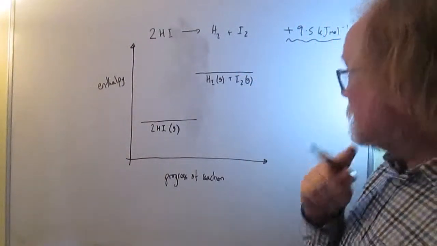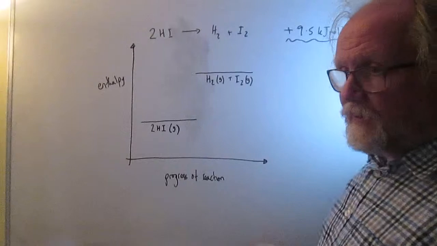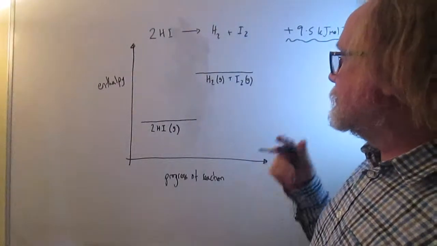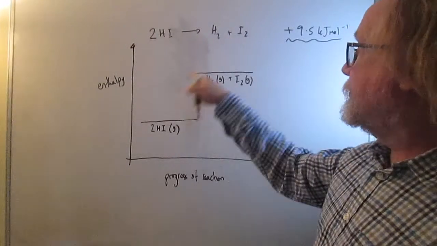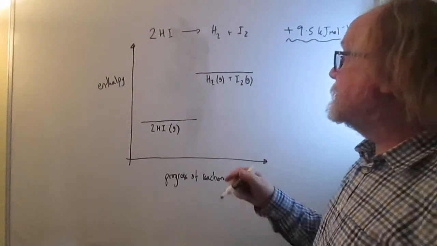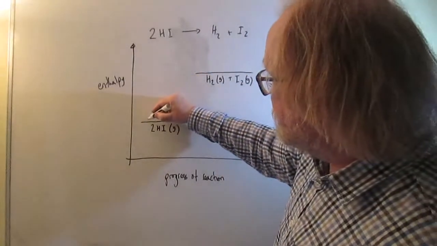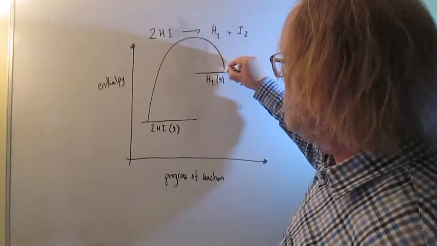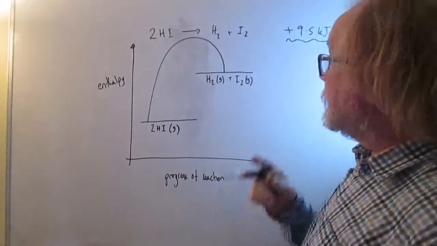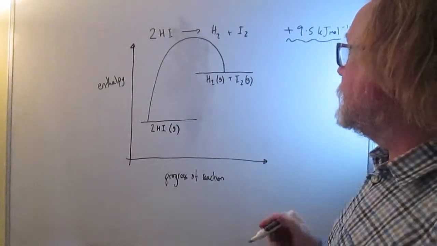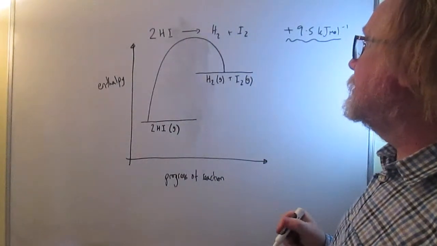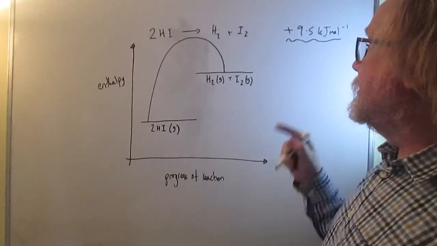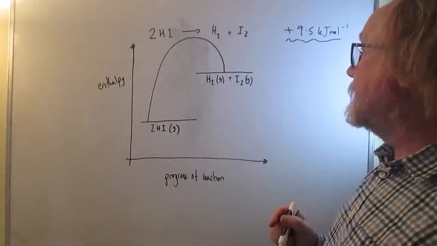Okay, so those are the enthalpy levels, and then the idea is that we've got to mark on two pathways leading from here to there. So in the absence of a catalyst, there's a relatively big activation energy. So we're going to mark a high hill like that. And the important thing is that when you mark on the activation energy, that you get it precisely between the right levels.